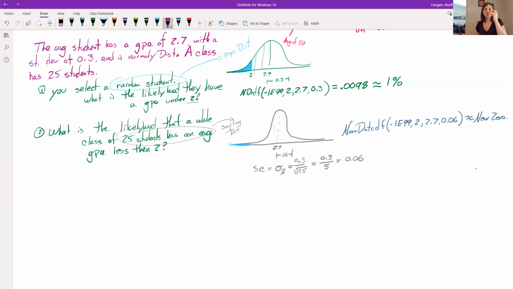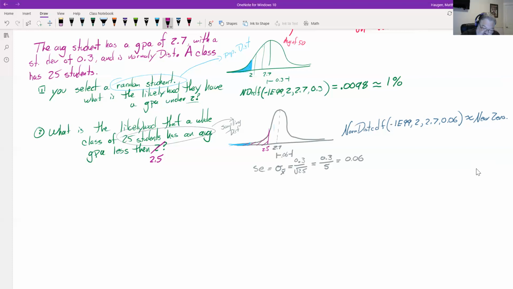Now, here's a fun thing. What if we change that to less than, say, 2.5 instead? So we got to go back and refine our probability, I mean, our population distribution.